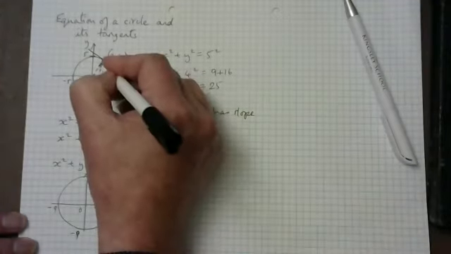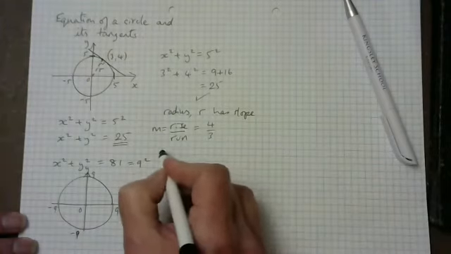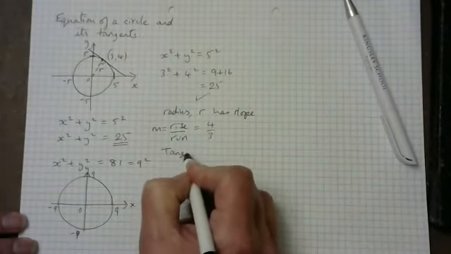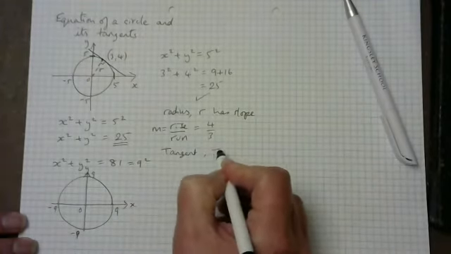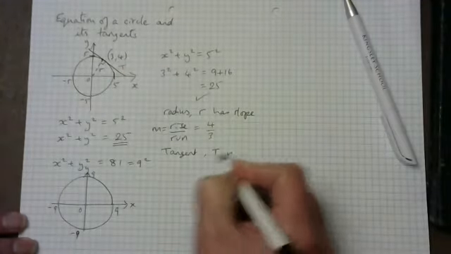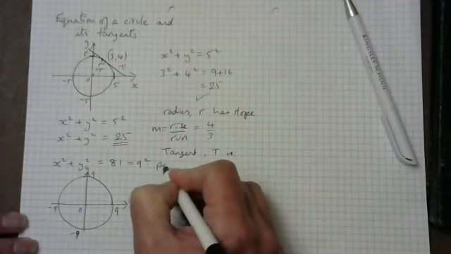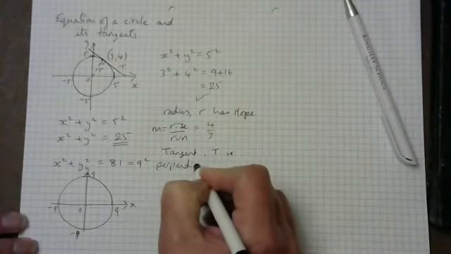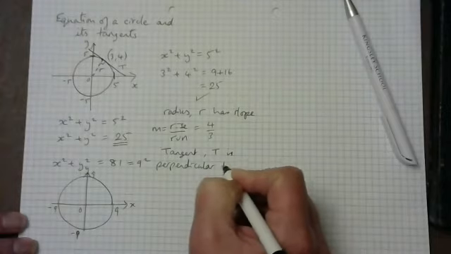The tangent is perpendicular. So the tangent, we'll call the tangent t, is perpendicular to r.